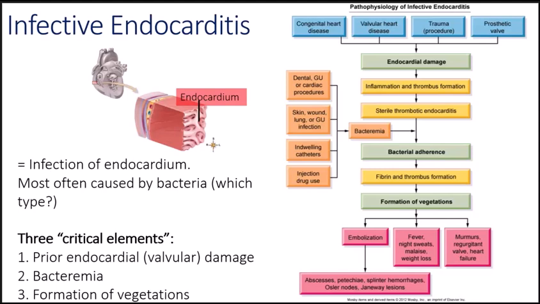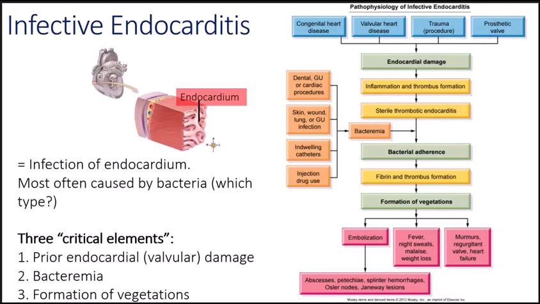And this is going to end up attracting platelets, kind of like an injury would, right? Attracting platelets and stimulate a thrombus formation. But at this point, it's considered sterile, meaning it is not yet involving any form of bacteria. So we can call it a non-bacterial thrombotic endocarditis at this stage.